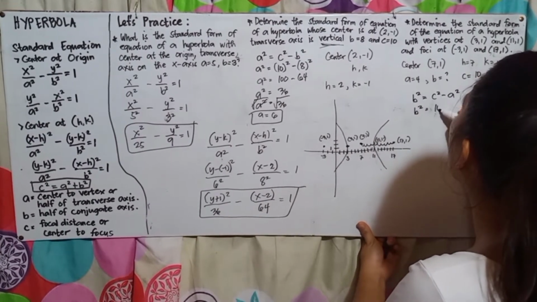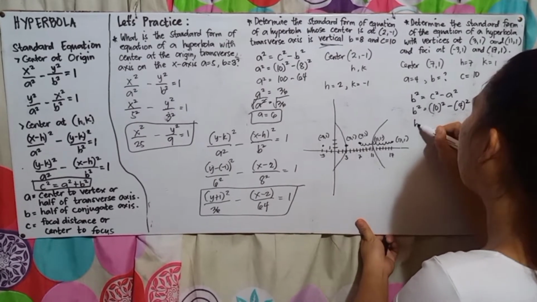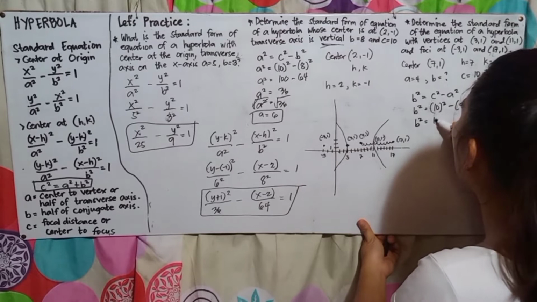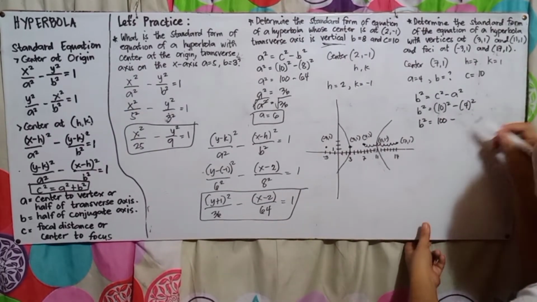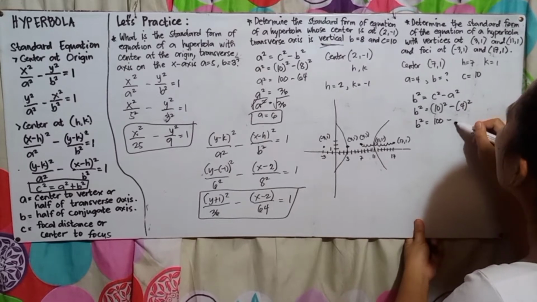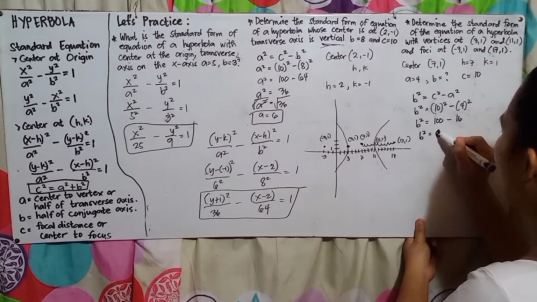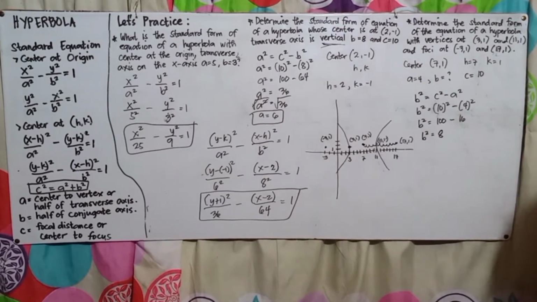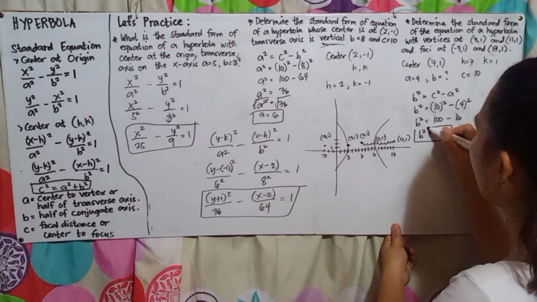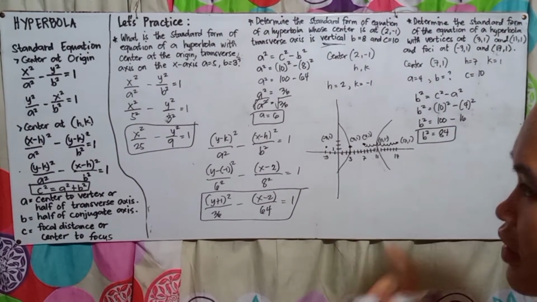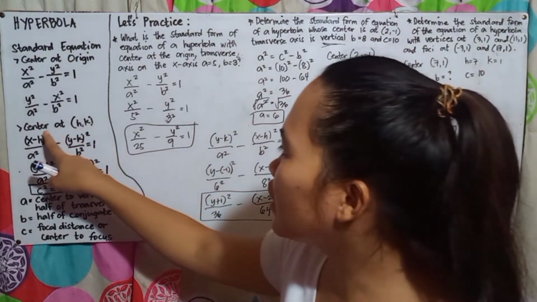That is 10 squared minus 4 squared, which is 100 minus 16, which is 84. So b squared equals 84. We will not take the square root, since we are looking for the standard form of the equation, which uses b squared.